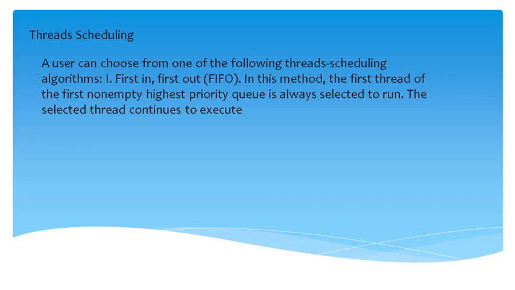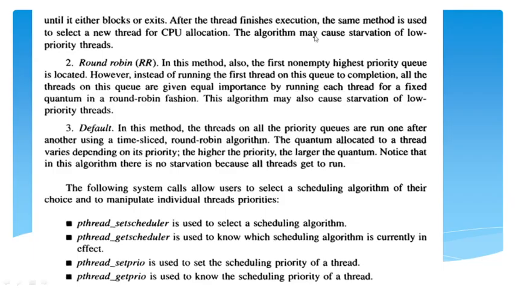First in, first out, means whatever thread comes first will be given the execution time. The first thread of the first non-empty highest priority queue is always selected to run, and the selected thread continues to execute. Here there is no preemption in FIFO, and this algorithm will suffer from starvation.